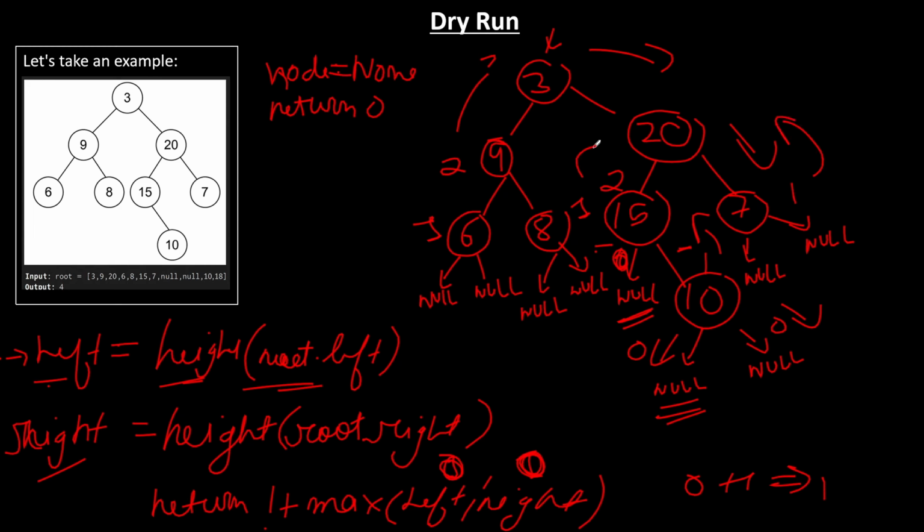From here it returns 2, and the maximum of 2 comma 1 is 2, plus 1, it's 3. Fine. Great. Now this tree, the left has 2 and it returns 3. So the maximum of 2 and 3 is 3, plus the current node 1 gives me 4. Fine. So the height, or the depth, of the complete tree comes out to be 4, which is our output. Fine. I hope you understood the dry run.